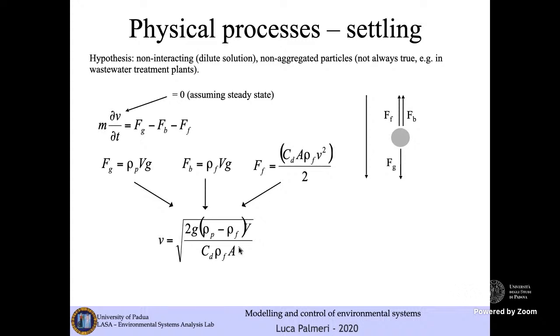In particular, if you have a spherical particle, A represents the largest sectional area of the particle in the vertical direction. So this is an indication of how the particles may oppose movement.